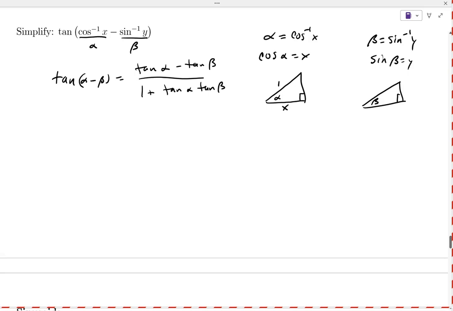And then we can figure out the opposite side with the Pythagorean theorem, right? The opposite side will be what? Square root of 1 squared minus x squared. Good. Yep. So we'll get square root of 1 minus x squared for that one. For the triangle with the beta in it, what sides can we label?